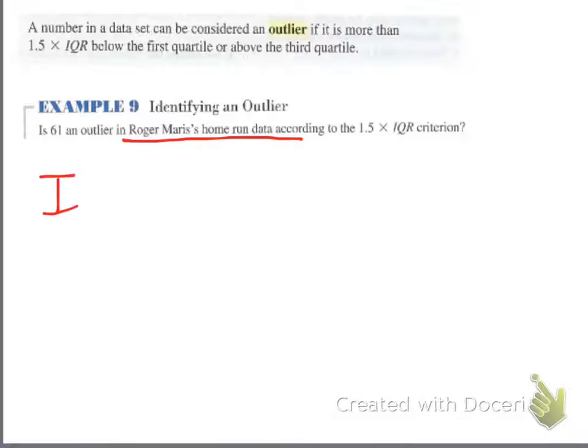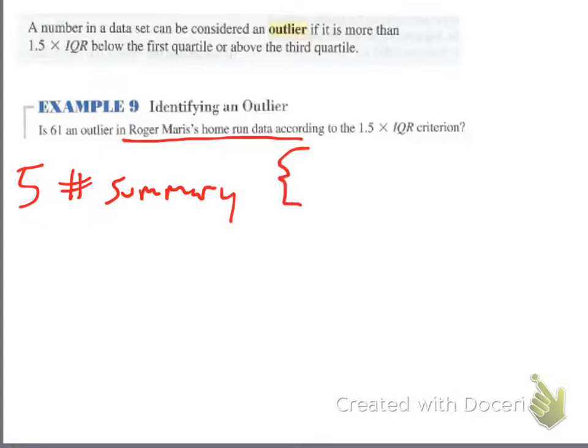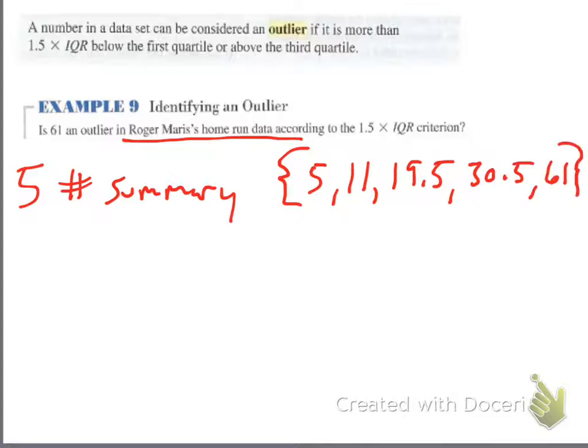Wait, hang on. So your 5-number summary is 5, 11, 19.5, 30.5, and 61. So what that means is this is the minimum, that's Q1, that's the median, that's Q3, and that is the max.